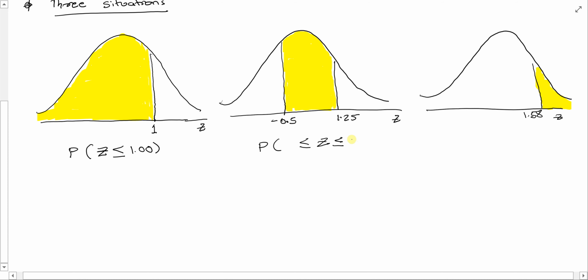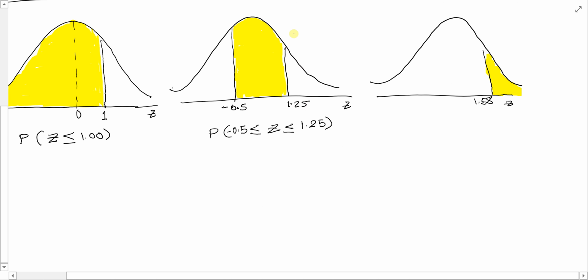So here we are interested to find out the probability of this standard random variable taking a value between negative 0.5 and positive 1.25. So it's basically this area, which is shaded in the second example. Of course, keep in mind the center point is 0. That's what a standard normal is about.